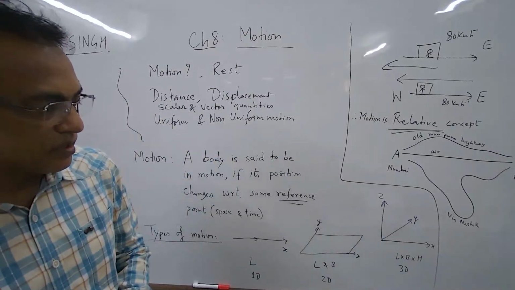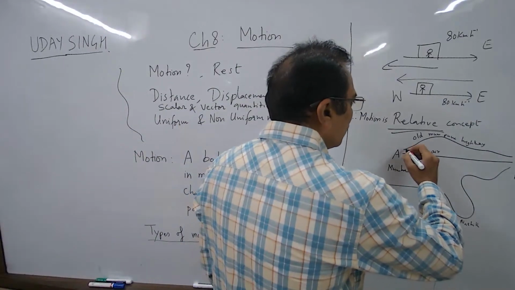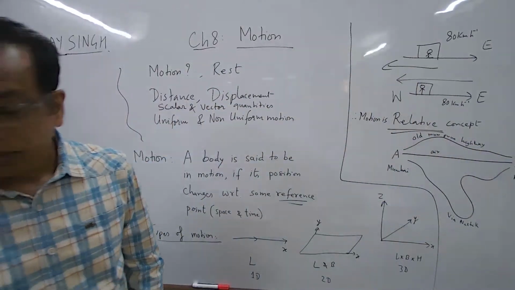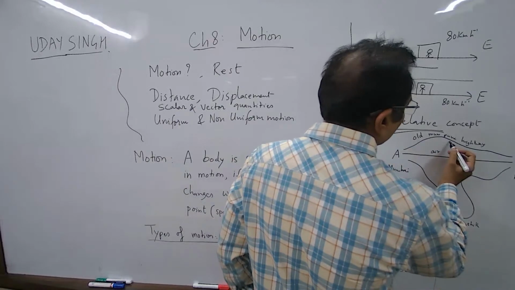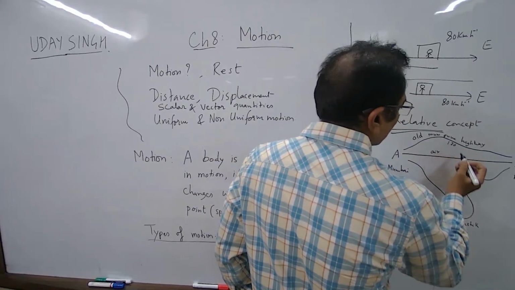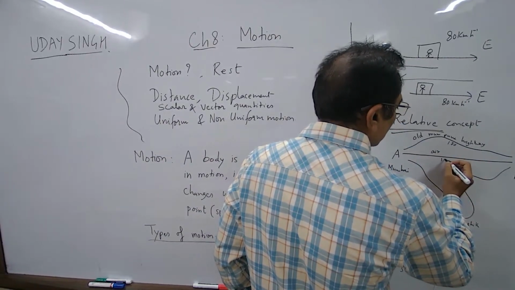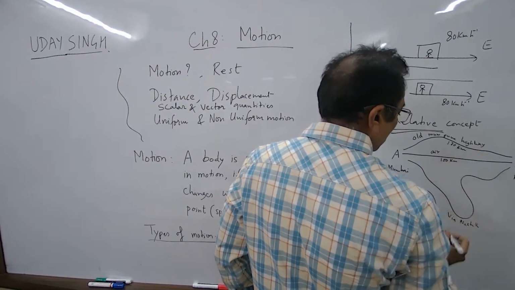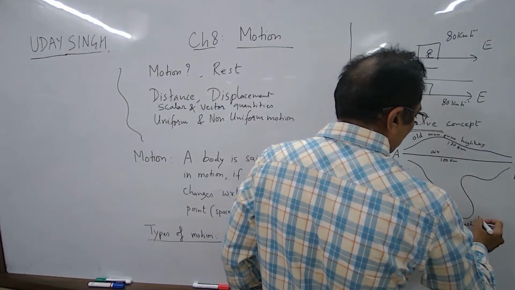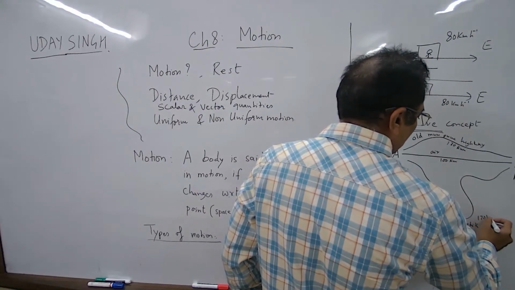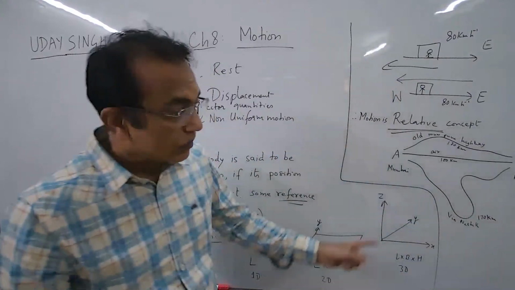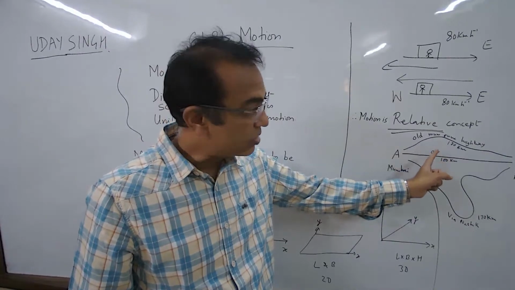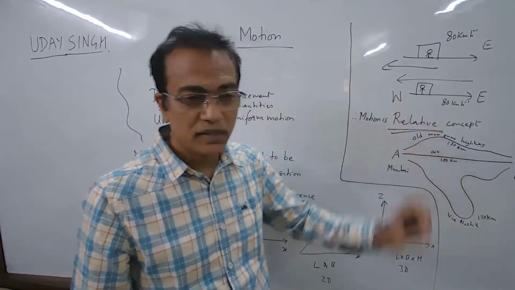So what is the distance? Distance is the value of the actual path length. Okay, let's say if we took this route, it was 130 kilometers. This was just 100 kilometers. Right? Via Nashik, let us say it was 170 kilometers. So this value, the actual path length covered, is called distance.